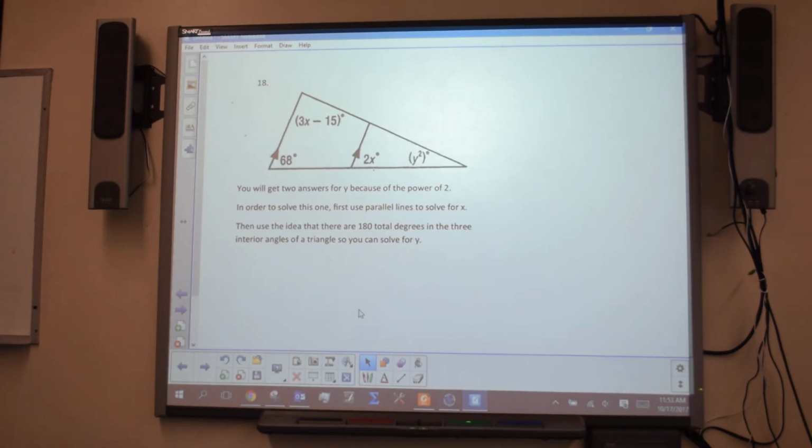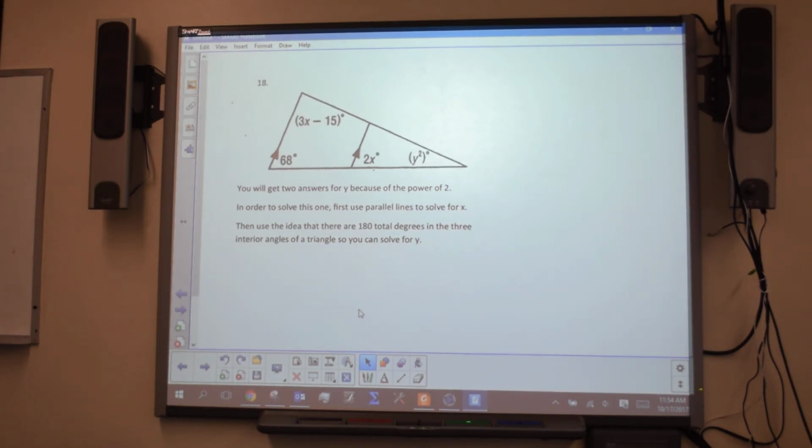Okay, so 2x equals 68. And then x equals 34. And then I substituted 34 in for the 3x minus 15, plus y to the second power.